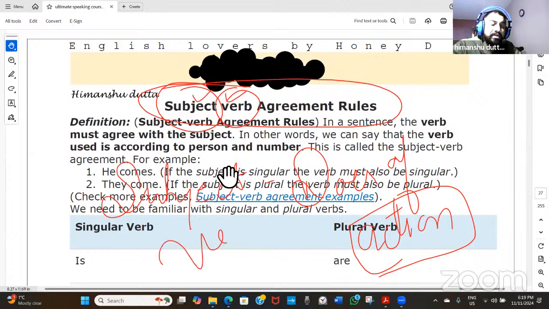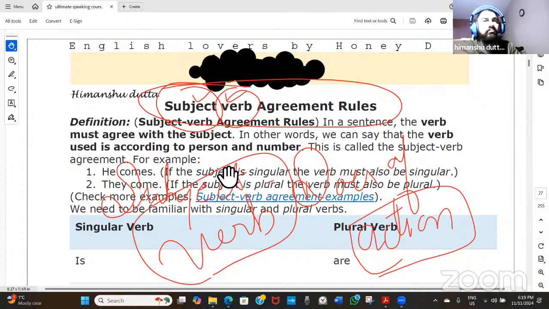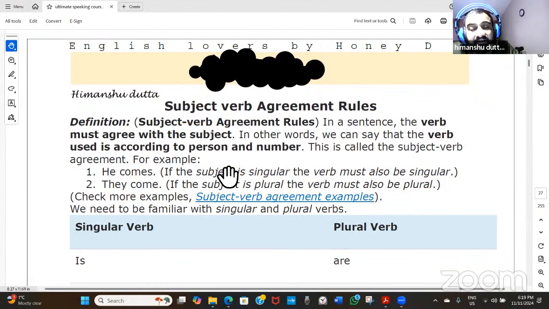So verb is action, and then there are more branches. Then we get to know about helping verb and main verb. Just to make it easier for learners, teachers divide them into different kinds of verbs. So that's what we're going to do today: know what exactly this agreement is all about.